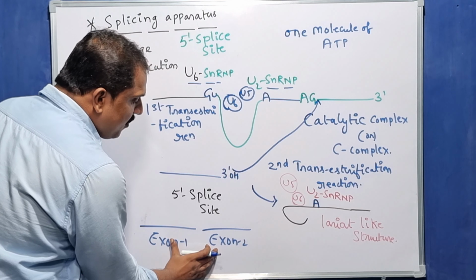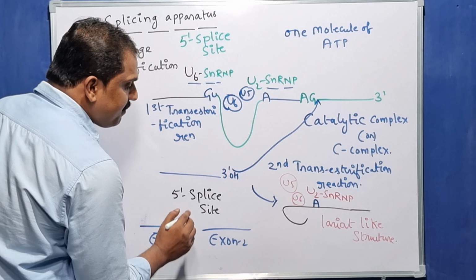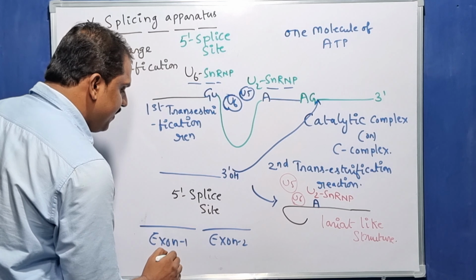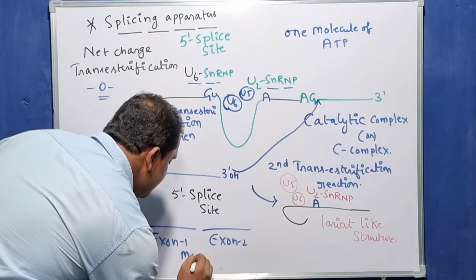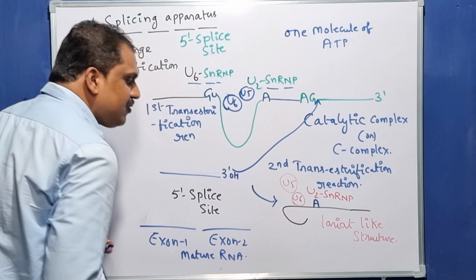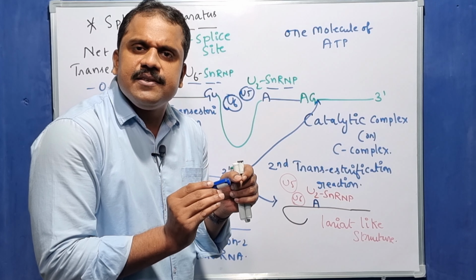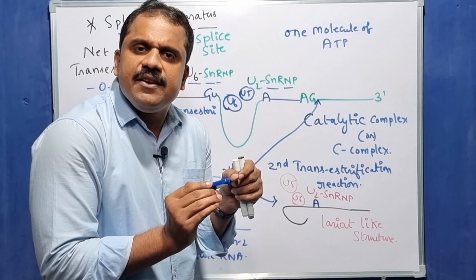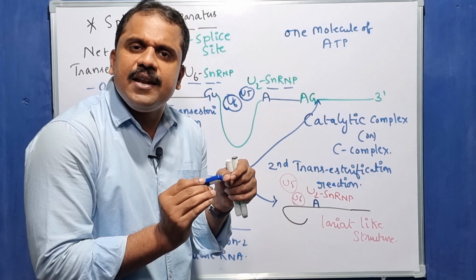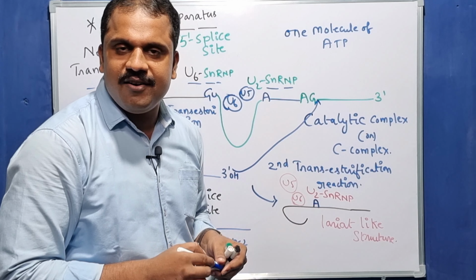Once both the exons undergo ligation, it leads to the formation of a specific mature RNA or intron-free RNA. Mature RNA. So once the intron successfully splices out, and once the coding sequences or exons undergo ligation, it leads to the formation of mature RNA or intron-free RNA.